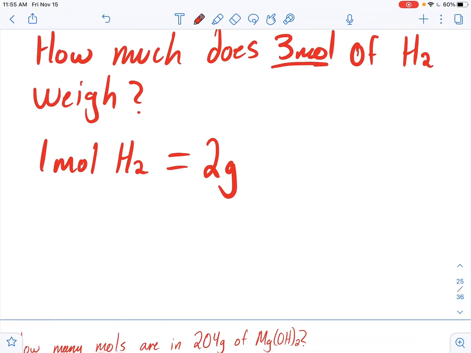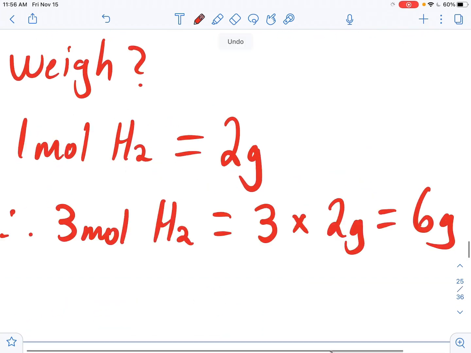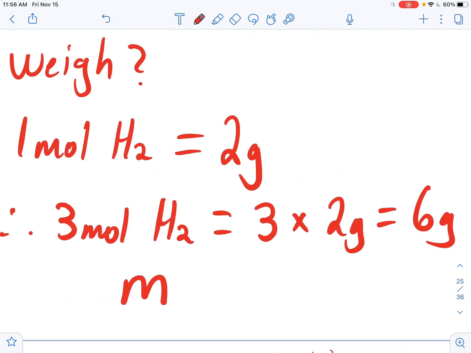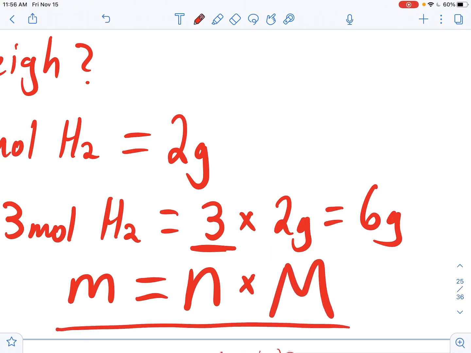Well, I have 3 moles of H2, right? So therefore, 3 moles of H2 equals 3 times 2 grams, which equals 6 grams. So what equation am I using? Well, the mass is equal to the number of moles, which is n, times the molar mass, which is the mass of 1 mole, which is capital M. And this is the equation we'll use.